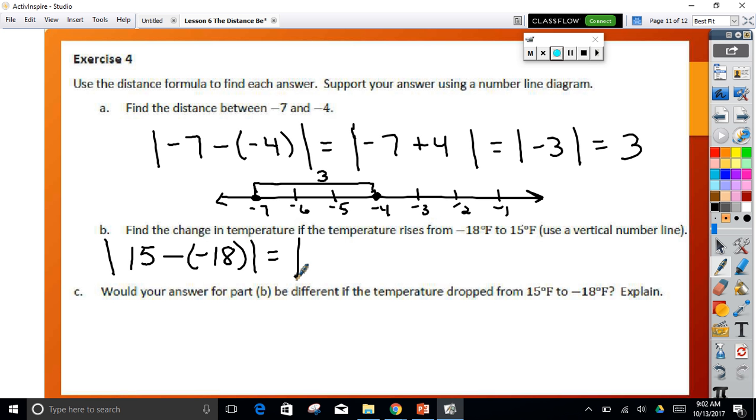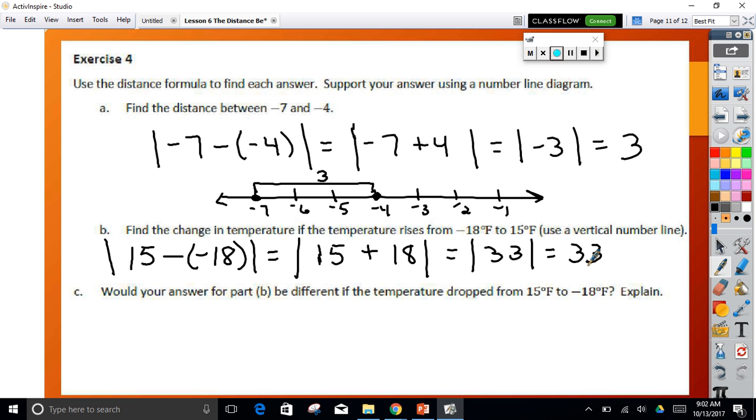No, if we rewrite this as addition, so let's now start with 15 plus what? Subtracting is the same as adding the opposite. Yeah, we need the opposite, so we're adding the opposite. And 15 plus 18 is not 23, we're missing a 10 there. 33. Yeah, it's 33. And the absolute value of 33 is just 33.